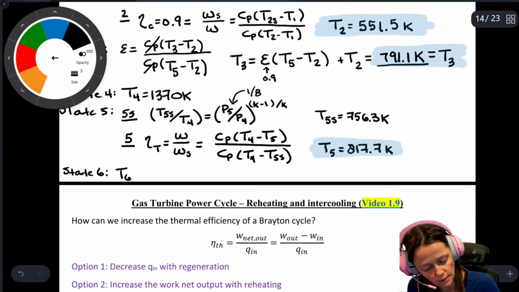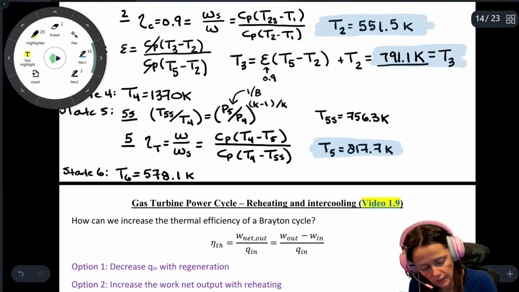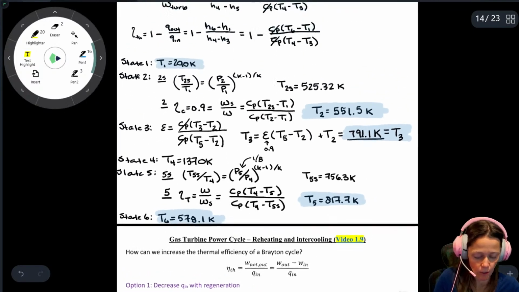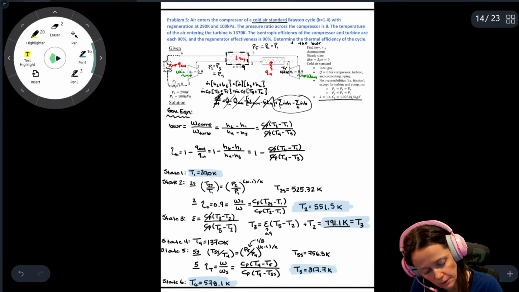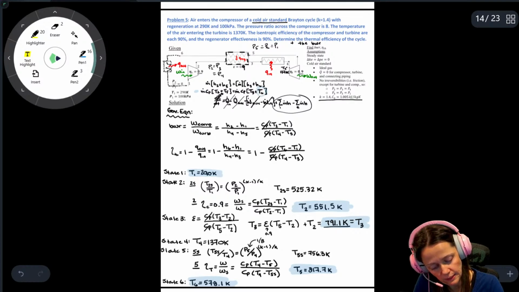So for T6, I end up getting 578.1 Kelvin. The way that I got that is I applied my first law up here, and I solved for my T6.